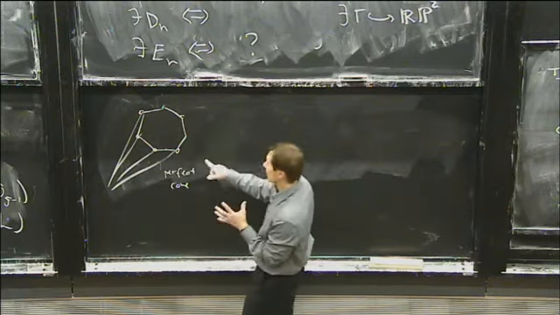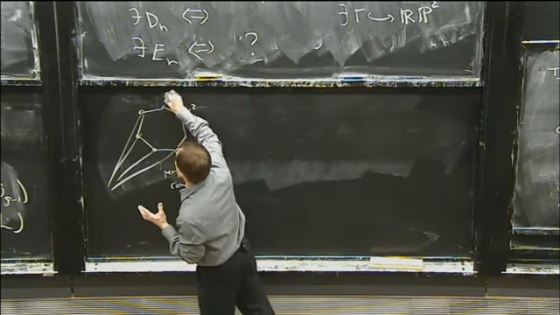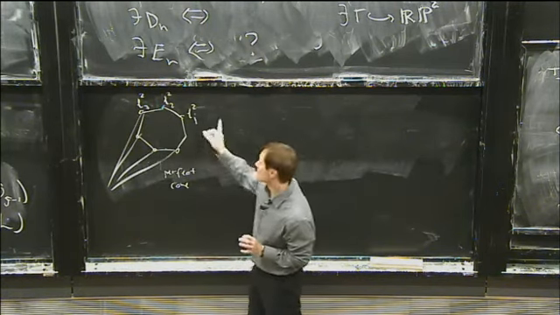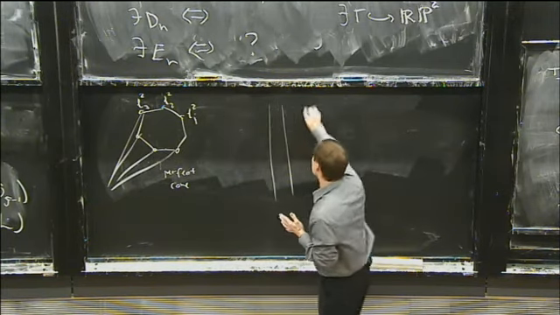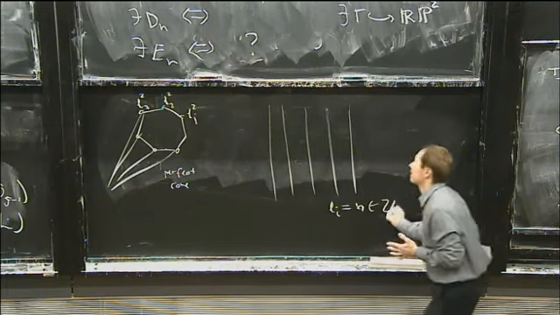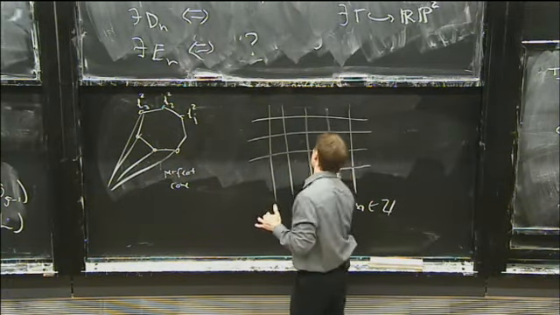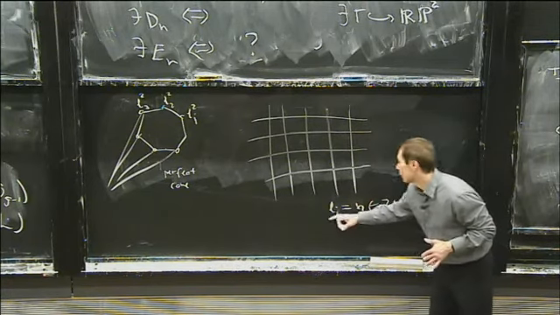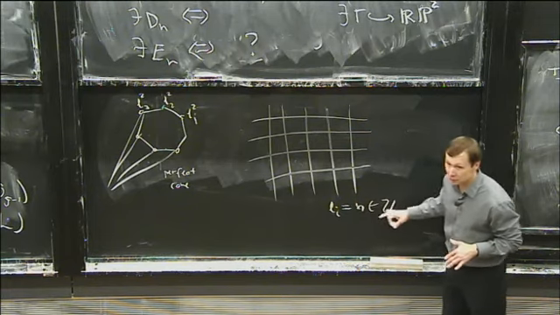So if you take a look at a perfect cone, then as I told you, the rays correspond to linear forms. And for these linear forms, you can look at a picture like this. You can look at a system of hyperplanes where these linear forms are integers.